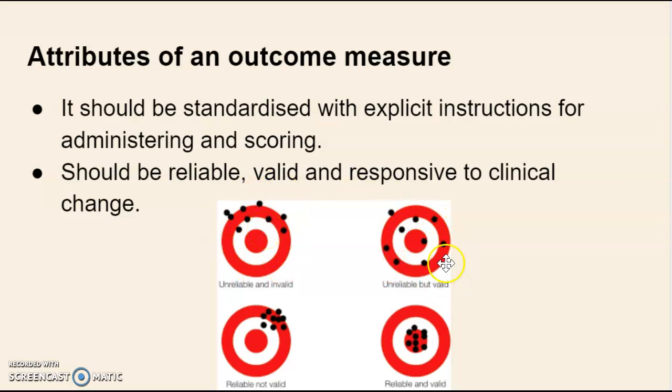When taking shots at this target, it's unreliable, so you're not hitting the centre, but you're generally hitting the target itself. If it's reliable but not valid, then you're reliably hitting the same wrong spot. And if it's reliable and valid, then you're hitting the same target zone in the middle.